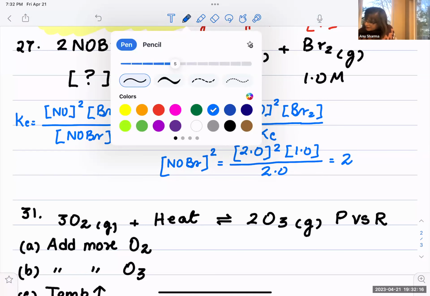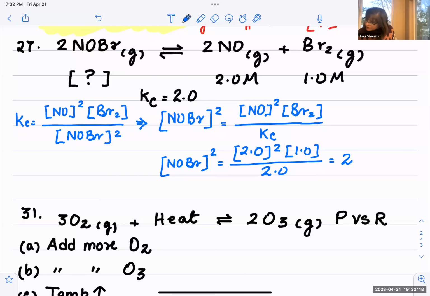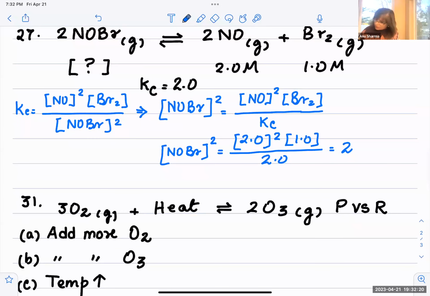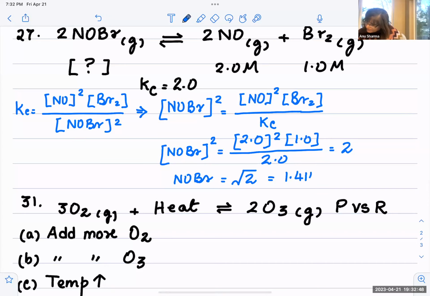So we have NOBr squared equals 2. To solve for NOBr raised to the power 2, we will have to remove that square, so that means under root 2, which is 1.414.